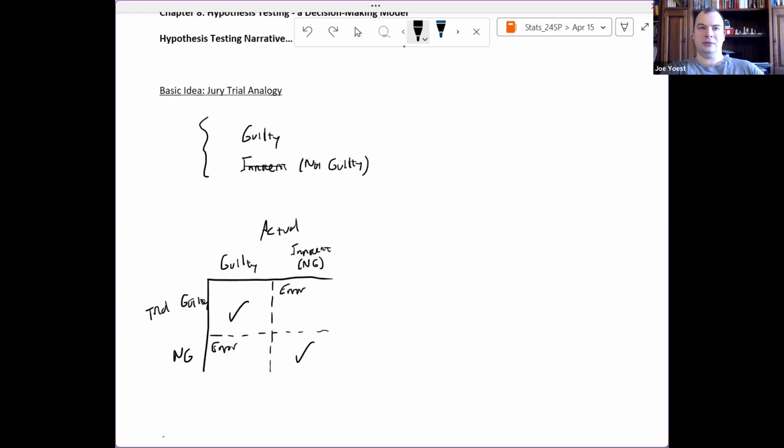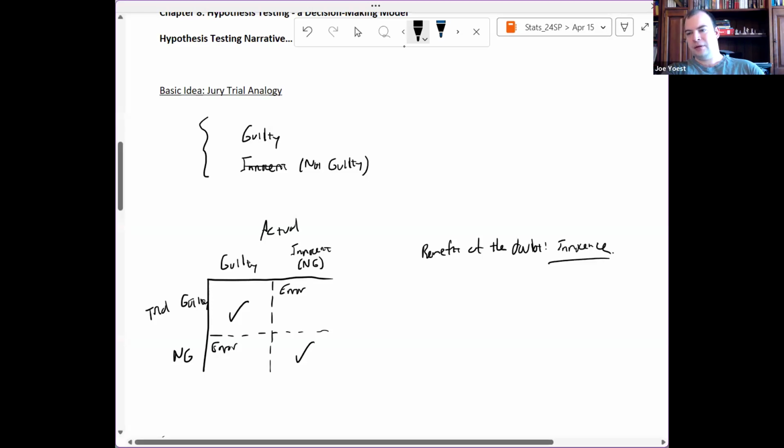And at least in the US justice system and the Western justice system, at least in theory, we decide the benefit of the doubt is innocence. Right? So that famous saying, innocent until proven guilty.